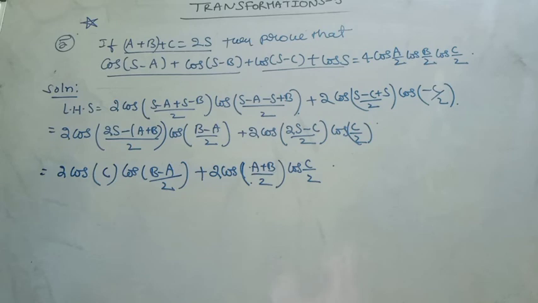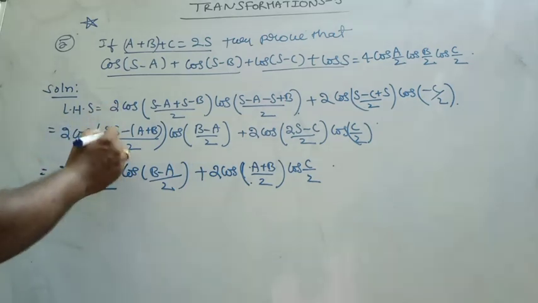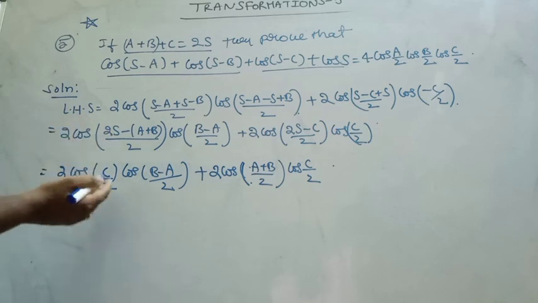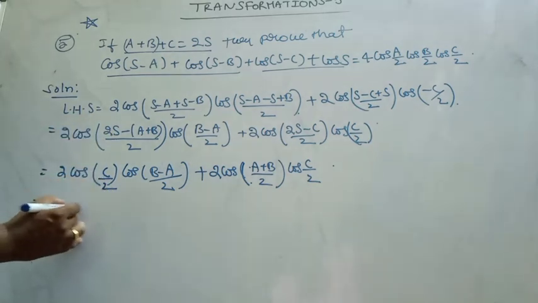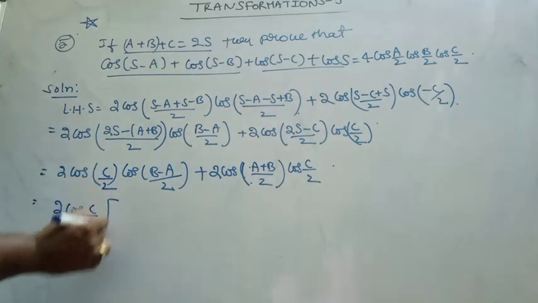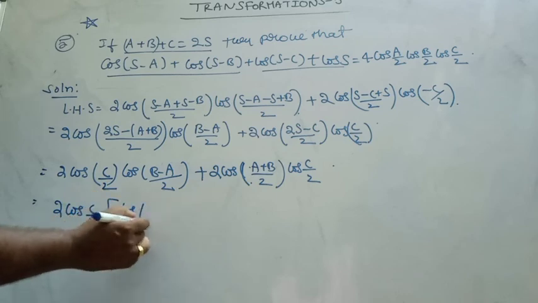Wonderful. Now from this, if we take 2 cos c by 2 common, 2 cos c by 2, if I take common from this, right? Yes, 2s minus c, this is actually c by 2. 2s minus a plus b is c by 2. If we take 2 cos c by 2 common, what are we going to have, right, my dear students?